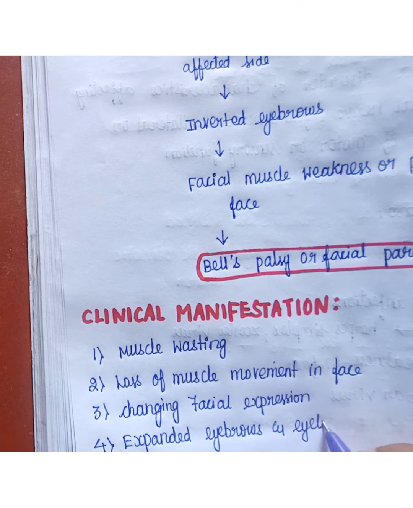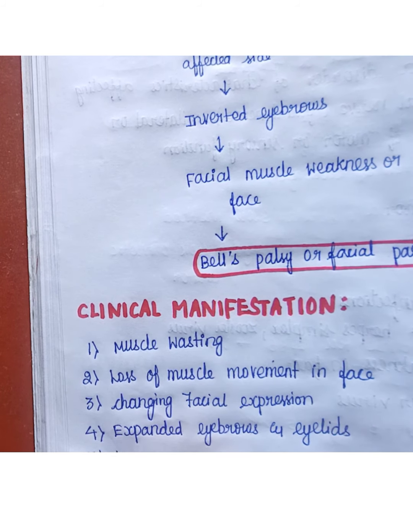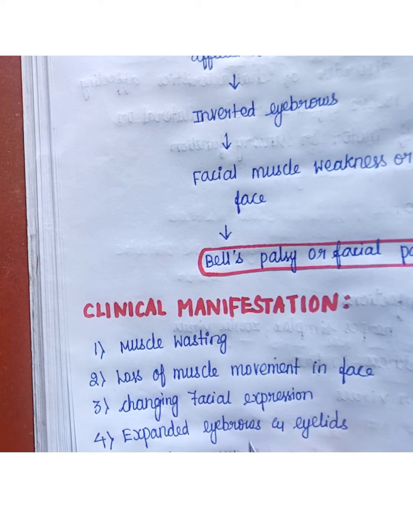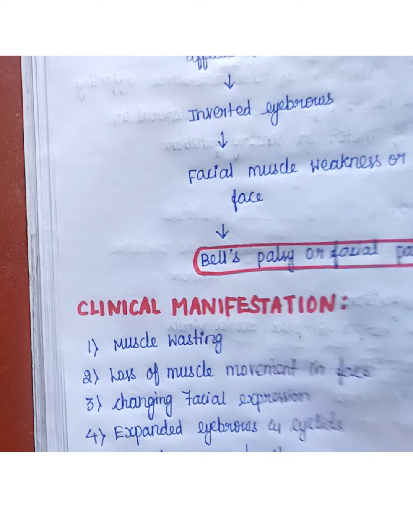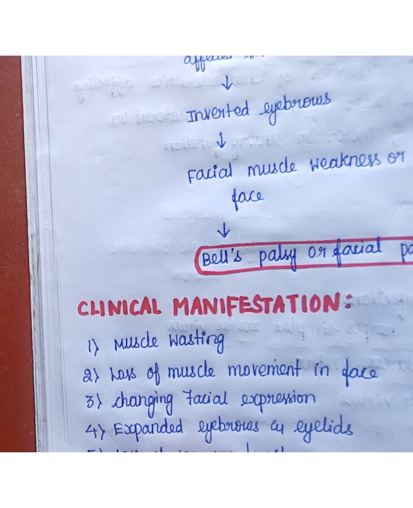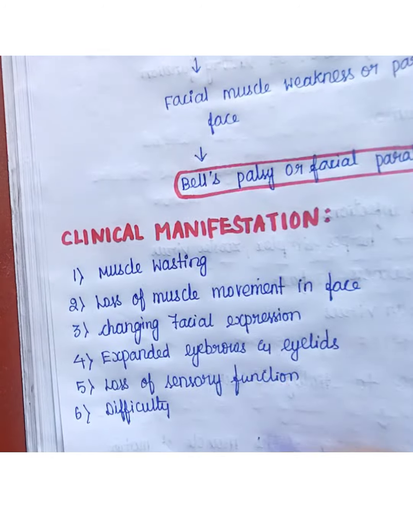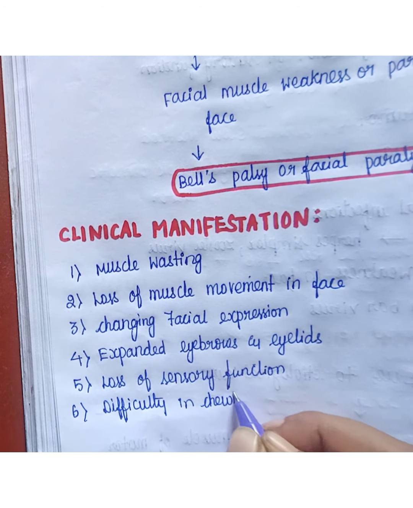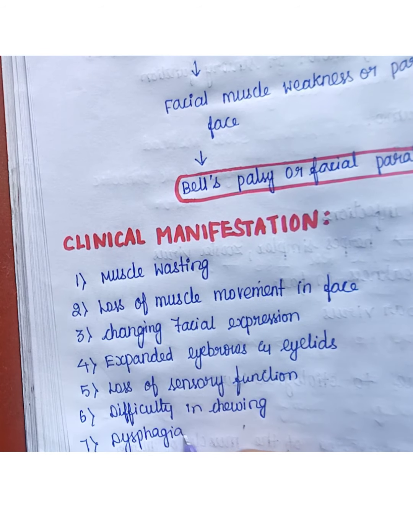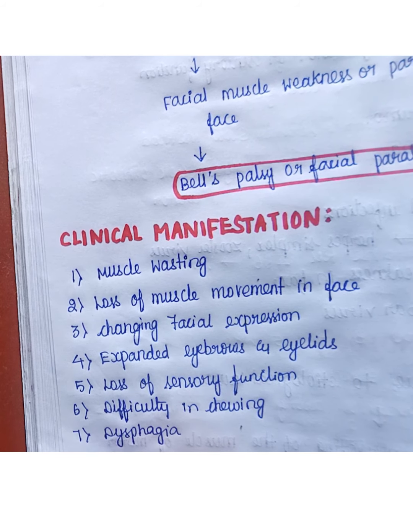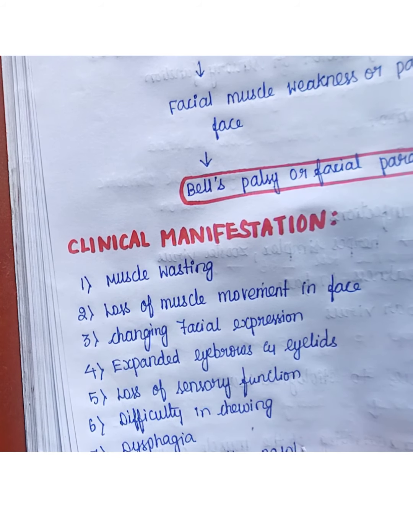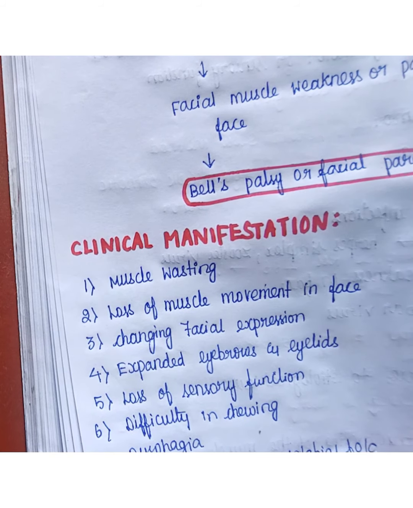The fifth is loss of sensory function, like loss of taste and touch, loss of smell, and difficulty in chewing. Dysphagia means difficulty in swallowing. Next, flattening of the nasolabial fold, which means the smile lines.